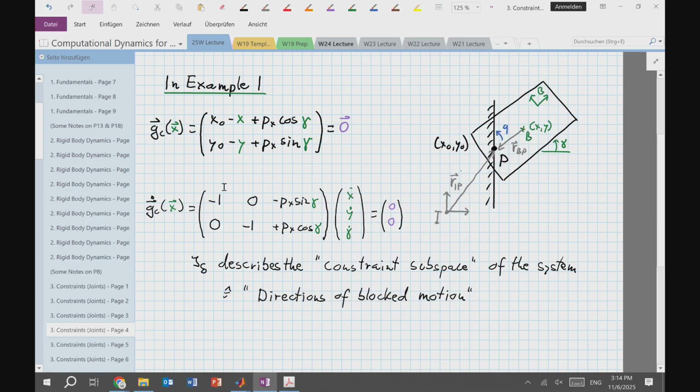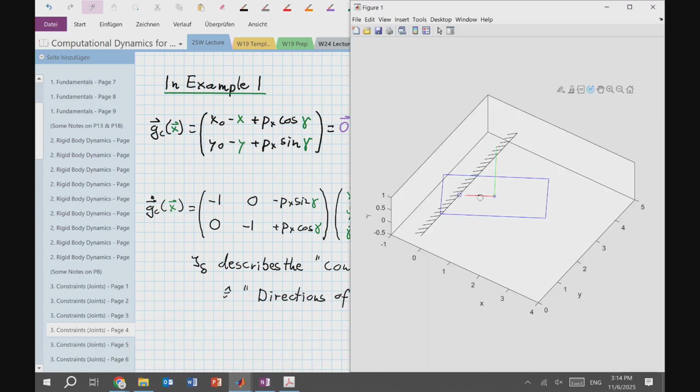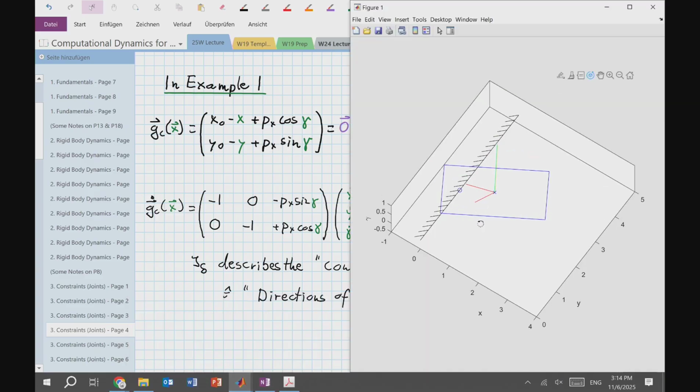And I could span that space many different ways. An easy way to get a different constraint formulation is by simply multiplying a 2x2 matrix to this function, right? And if I do this on the left and on the right-hand side, I would still get a 0. So the directions of this constraint function GC don't really matter. I could completely reorient them. So I'm here just looking at the space. So what that means for me is I'm interested in this plane.